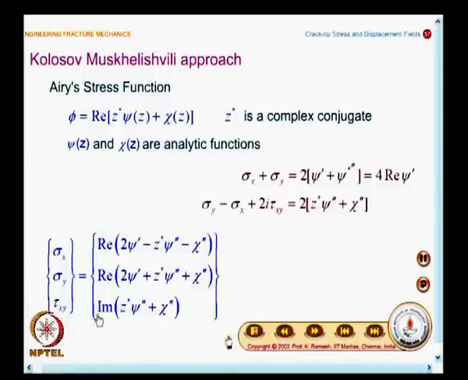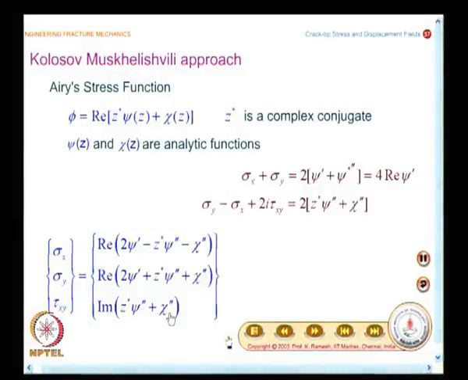Tau x y is given as imaginary part of z star xi double prime plus chi double prime. Some of the expressions you are going to see in this class are very long, so be patient to write them; these are all culled out from research papers.